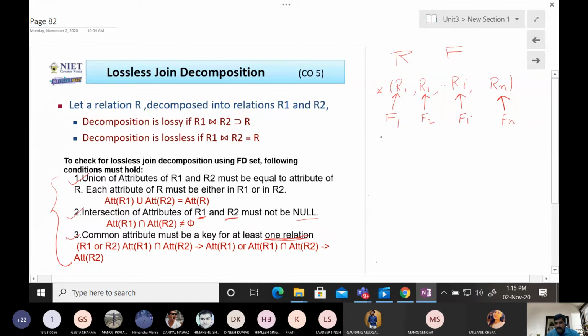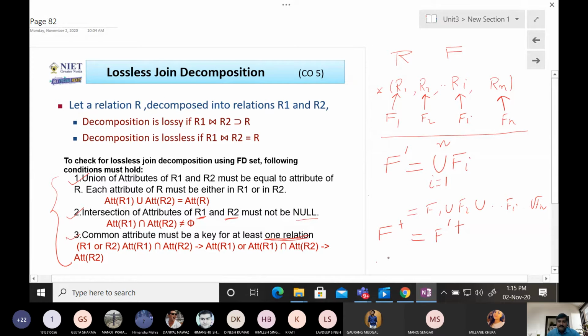Then we take the union of all these sets, represented by F dash, the union from i equal to 1 to n of Fi, meaning the union of F1, F2, Fi, then Fn. If closure of F equals closure of F dash, then we say dependencies are preserved. Otherwise, dependencies are not preserved.